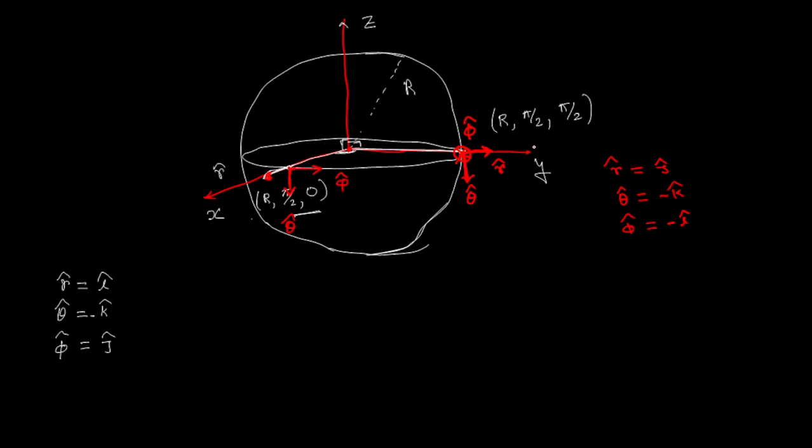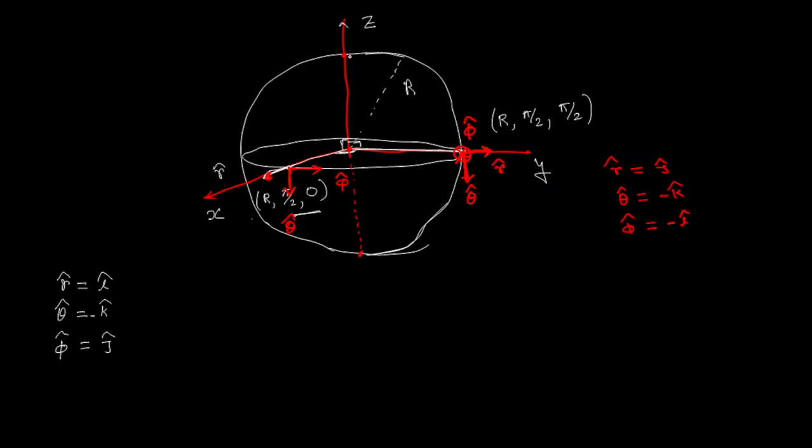And then for theta cap, what we can generalize this way: let's say this is the north pole of this sphere, and this is the south pole of this sphere.